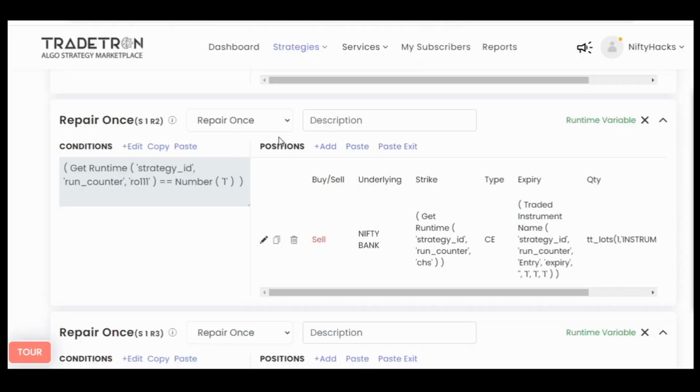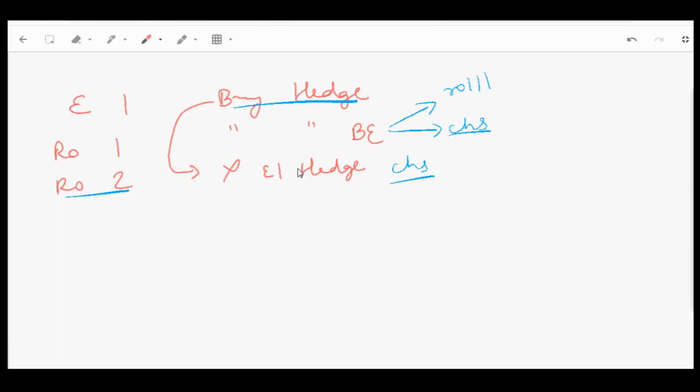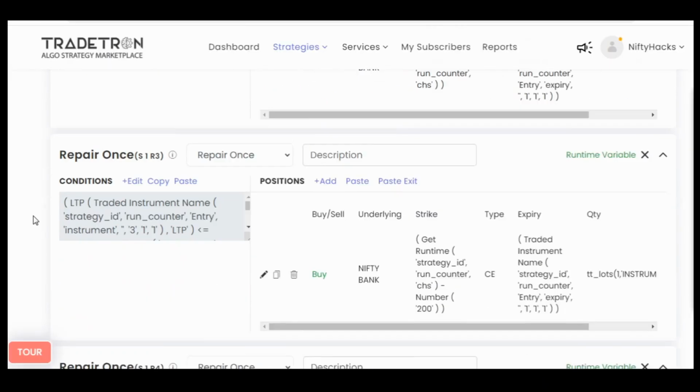After these three steps or three conditions happen, our new CHS is the break even strike, as soon as we exit the initial or previous hedge, right? So currently if we use CHS anywhere, it will give us the value of this break even strike, because this is the active strike currently. Now let's move forward.